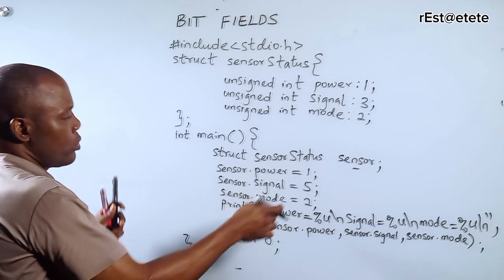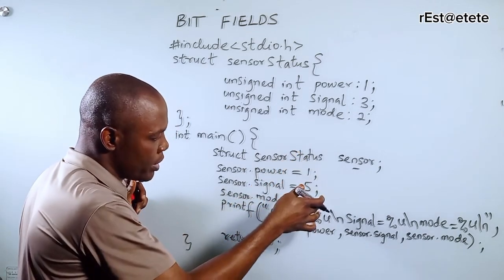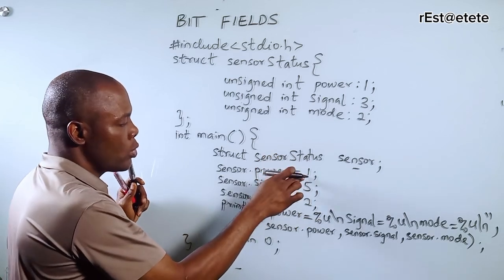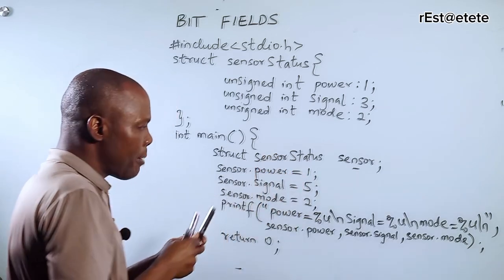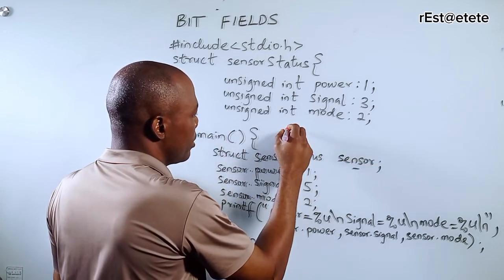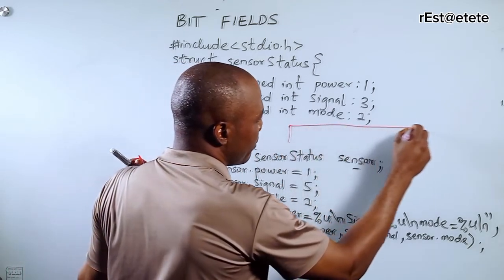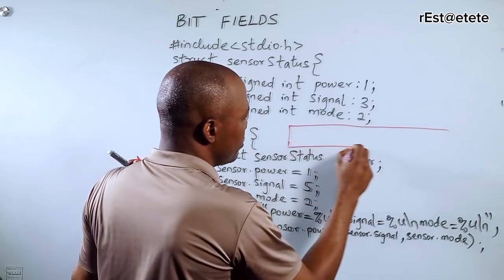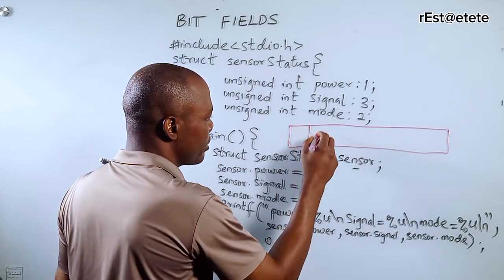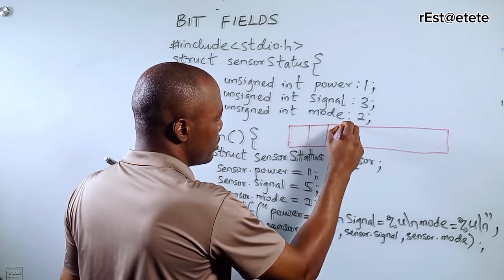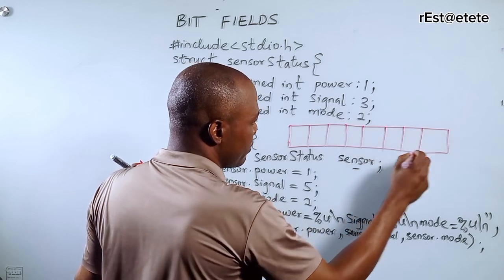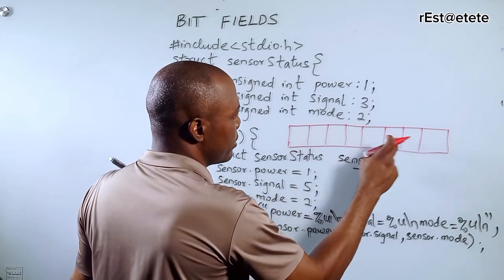What would this program do? So this is my input signal coming from the sensor in the farm. So power is 1. So with this 1, this is what will happen. Now I'm going to draw something here. This is how it is to be stored in the memory. So I have 1, 2, 3, 4, 5, 6, 7, 8.